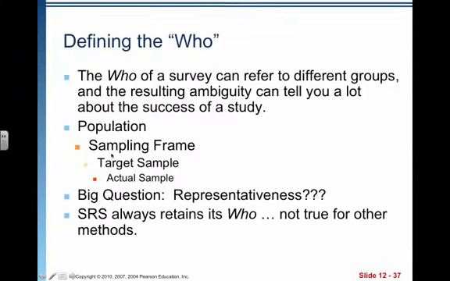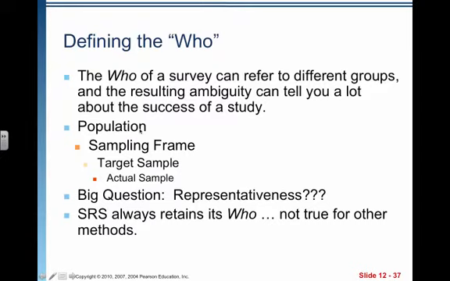So we randomly select, say, 500 people from all the voter registration rolls across the U.S. Some people aren't going to answer. That's called non-response, and it happens. So let's say we only get 300 people who respond. That's our actual sample. The question is, are the 300 people who we actually sample representative back to the population? Is there some difference between the people who did not respond who are in our target sample and the people who actually respond?